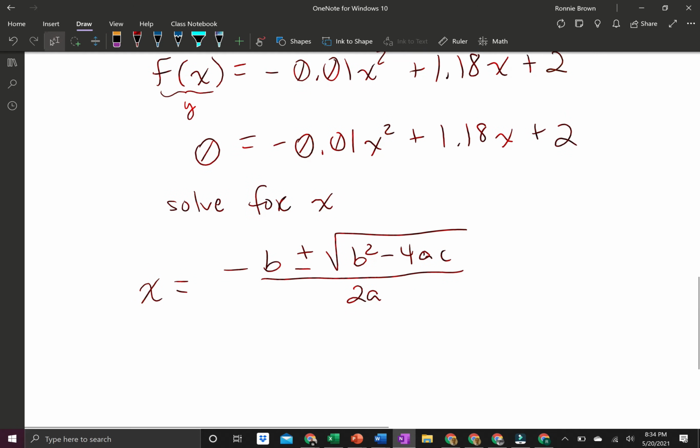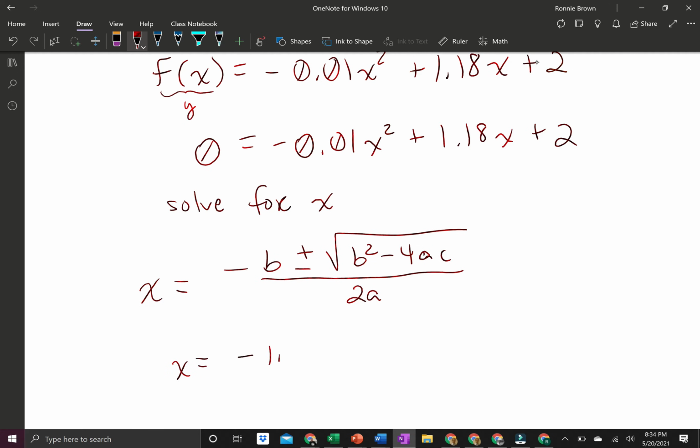All right, so now we just plug in. Remember our A, B, and our C that we identified earlier? Take a look up in the beginning of the lecture. So now all we need to do is plug in for A, B, and C into the quadratic formula.